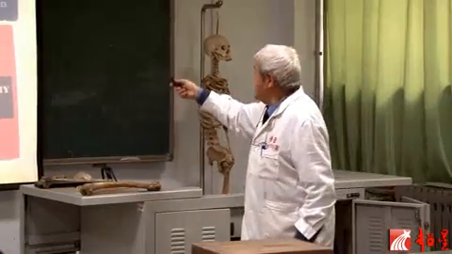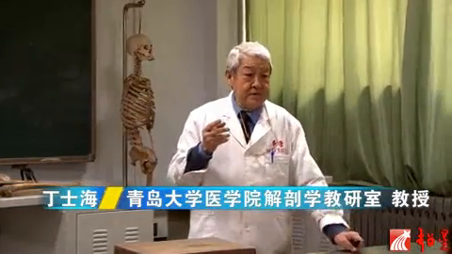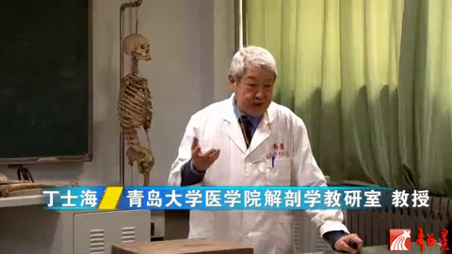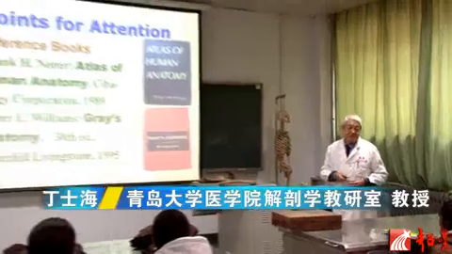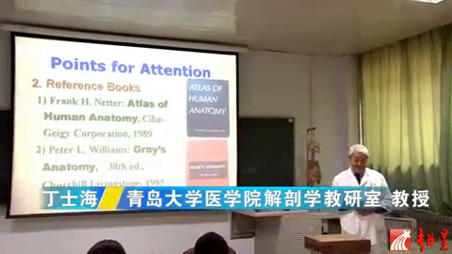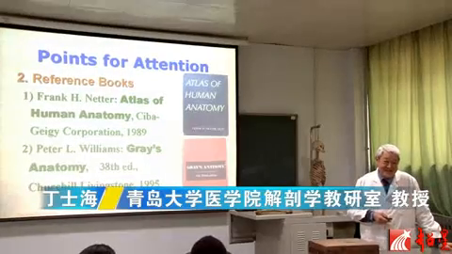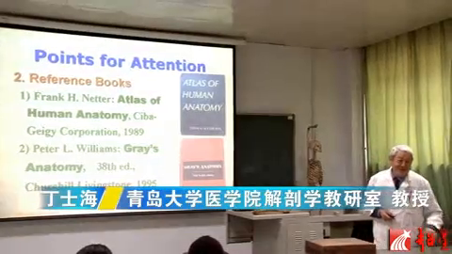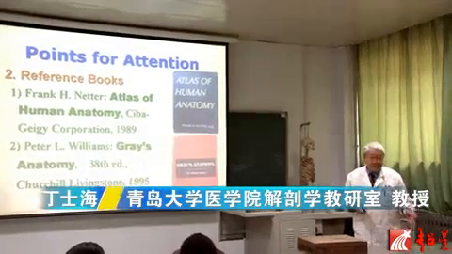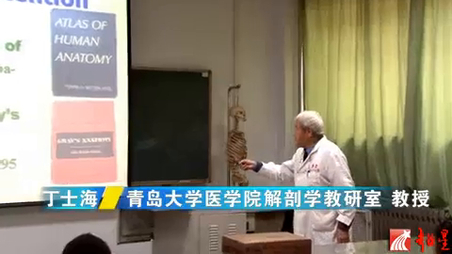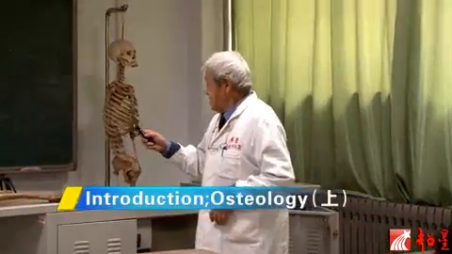Maybe the atlas is like this; there may be a simple publication for students. Then another is Gray's Anatomy, a very old book since the 19th century, over 100 years. Maybe somebody has the simple publication for students. Here.